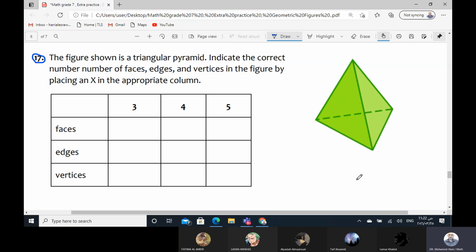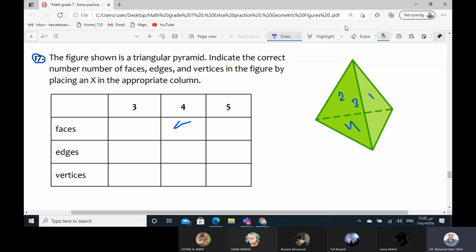In the triangular pyramid here, who can tell me how many faces I have? 4. Maybe 5. 5 or 4? No, Mr. I mean 4. Here 1, here 2, and in the back 3, and you have the base 4. So we have 4 faces.